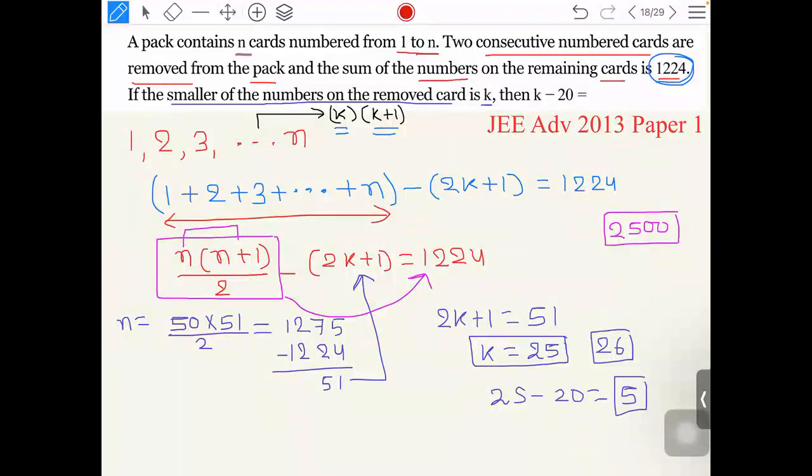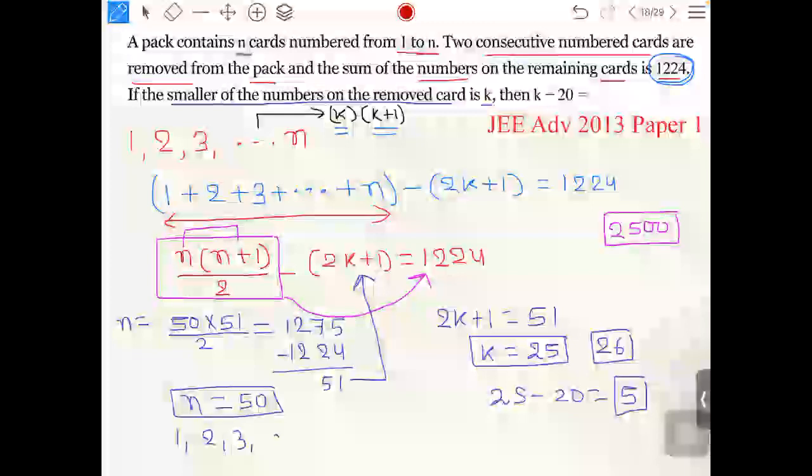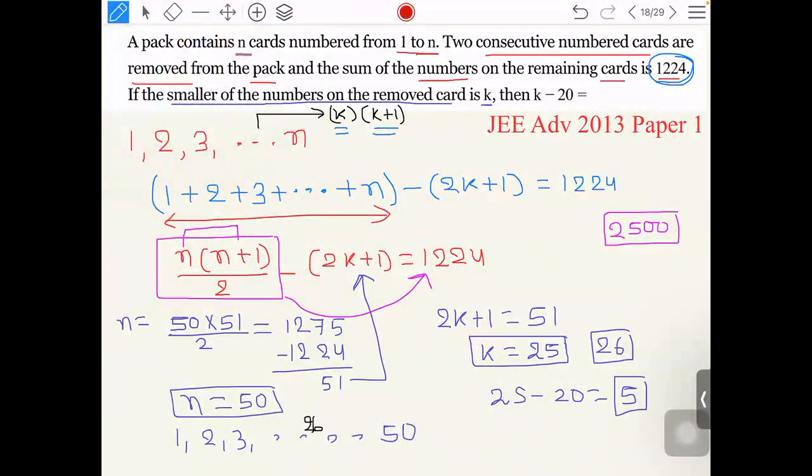In this case, if you look carefully, we have got n equal to 50. n equal to 50 means the numbers go from 1, 2, 3, up to 50. From this we removed two cards, 26 and 25, and when we added, we got the summation as 1224. So k equal to 25 and k minus 20 is equal to 5. The correct answer is 5.